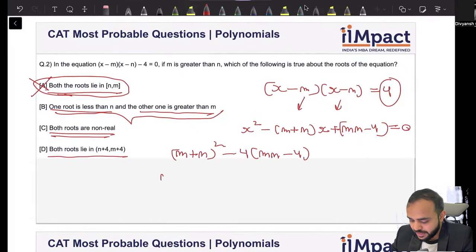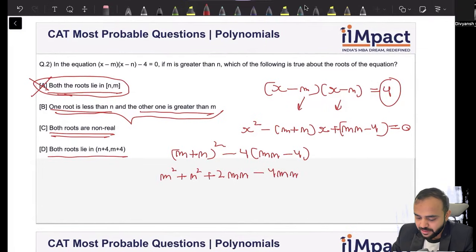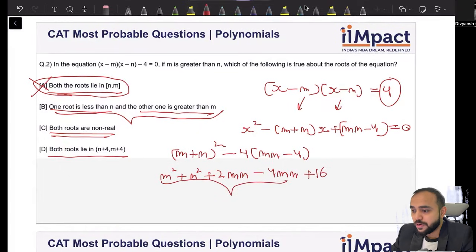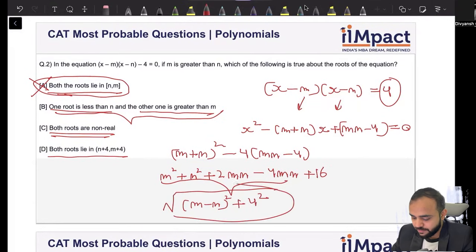Now this will be m square plus n square plus 2mn minus 4mn plus 16, and this will now become m square plus n square minus 2mn, or m minus n whole square plus 4 square. So this is a sum of two squares. This is your discriminant. So your discriminant is always going to be positive, which means that both the roots are actually real.